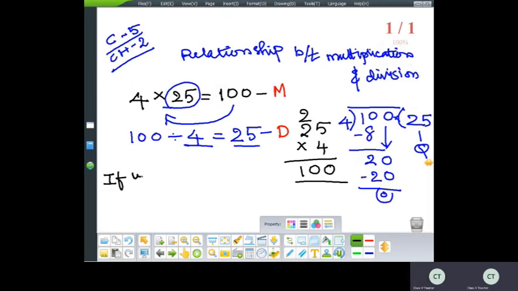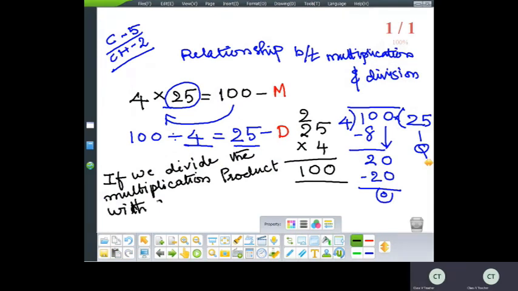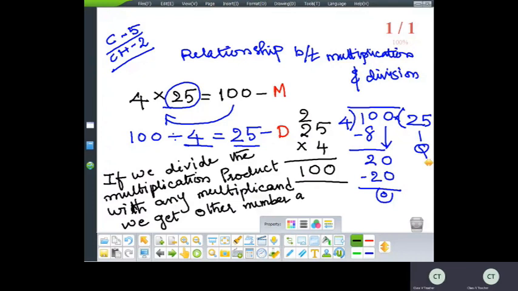If we divide the multiplication product with any multiplicand, we get the other number as result.